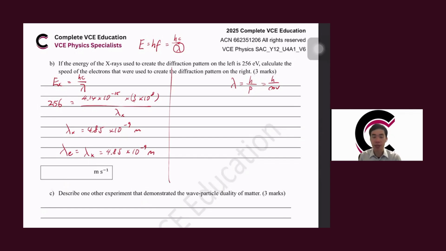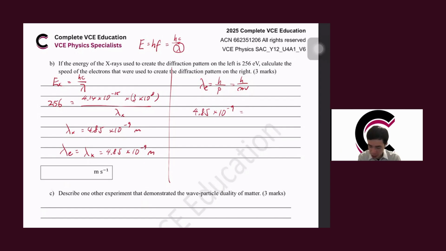Pro tip, divide the workspace. Because we move on to the second phase, right? The second phase is this equation. 4.85 times 10 to the power of negative 9 is the wavelength. Now in this case you're going to use another Planck's constant, another value, because you want to have it as meters per second. So you should use the one in joules.